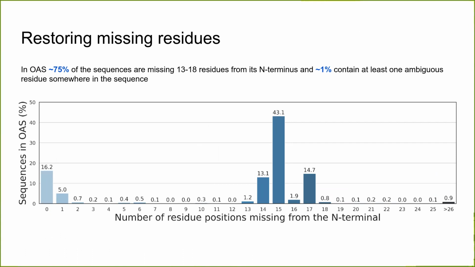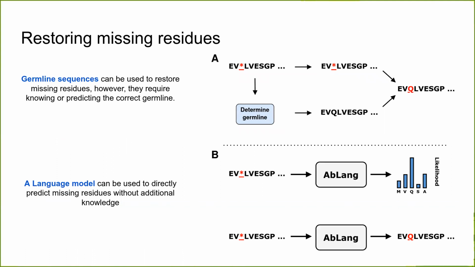To solve this, what people usually do is either discard this data, or they will try and restore it using germlines. The problem with germlines is that you either need to know them, which is not always the case, or you have to predict them, which can be a little bit problematic.